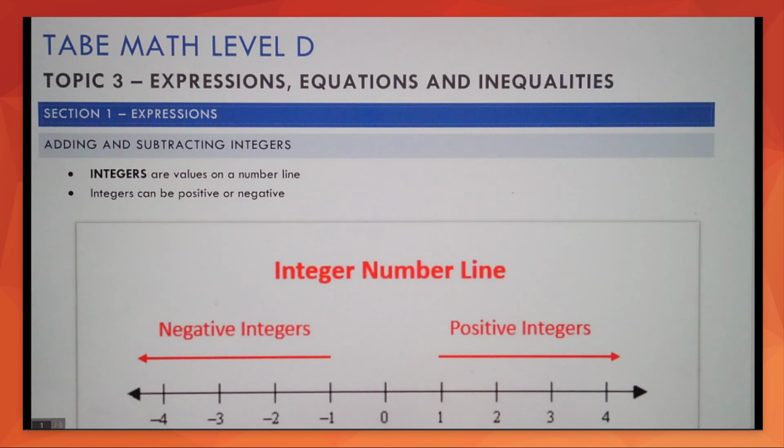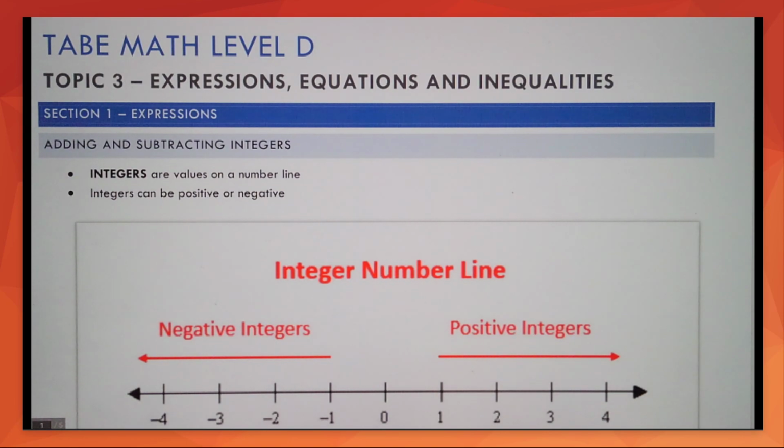We have talked about what an integer and a whole number and a natural number is. And today we're just extending this a little further and really getting into the nitty-gritty of what happens when you have positive and negative numbers inside expressions, and how do you work with those? How do you reconcile that?